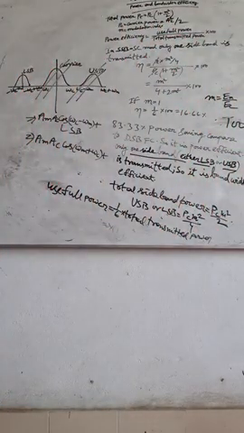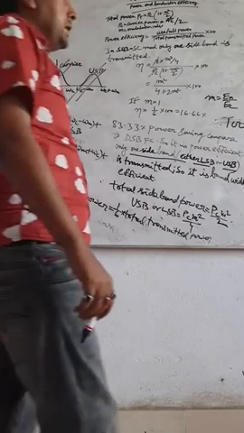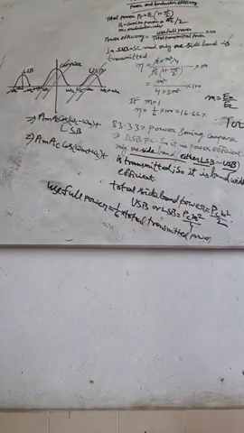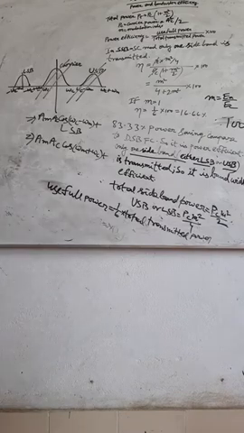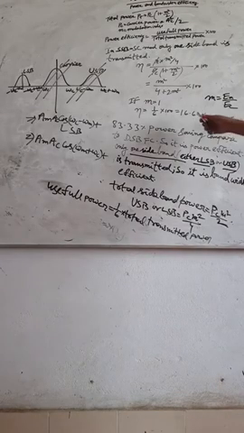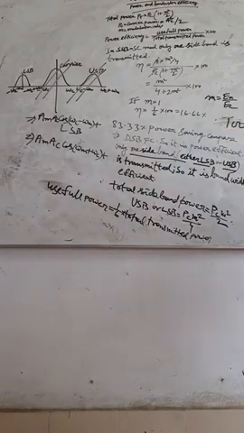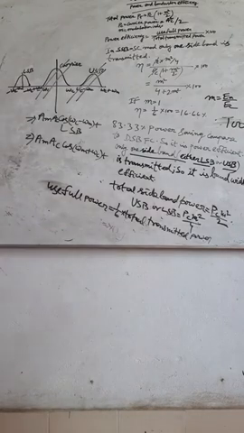So suppress one of them, suppress the carrier. You can get 83.33% power saving compared to DSB-FC. This is one major advantage of SSBSC over DSB-FC.